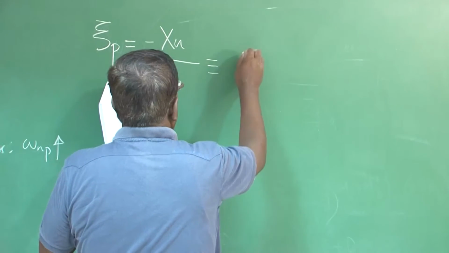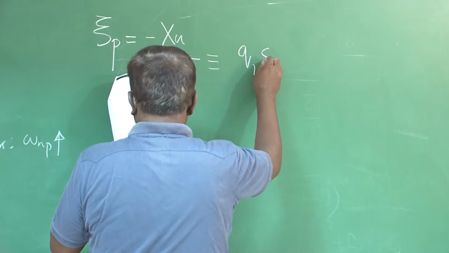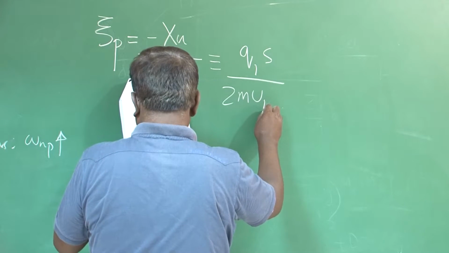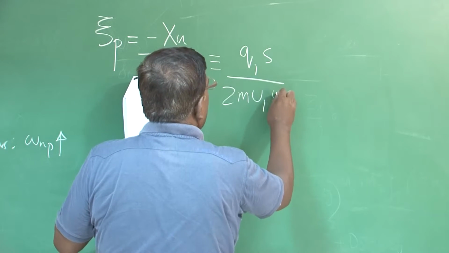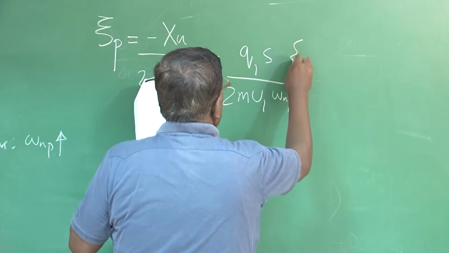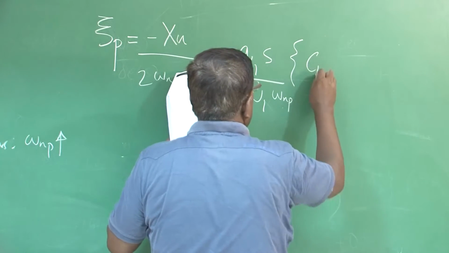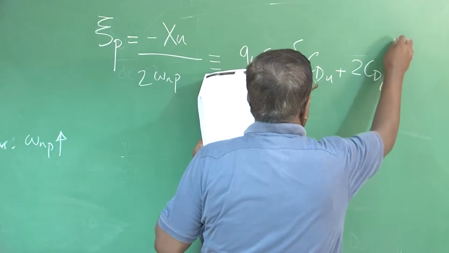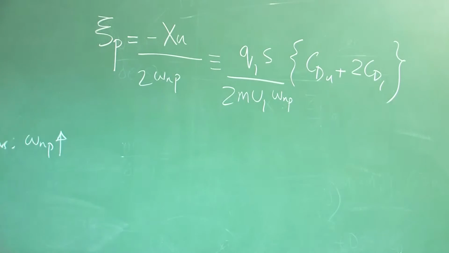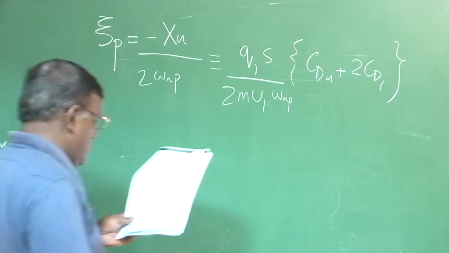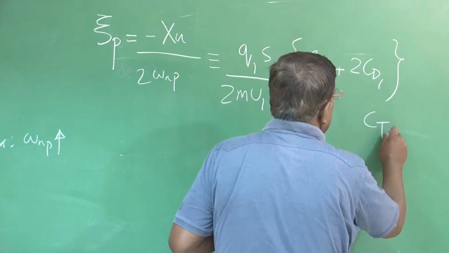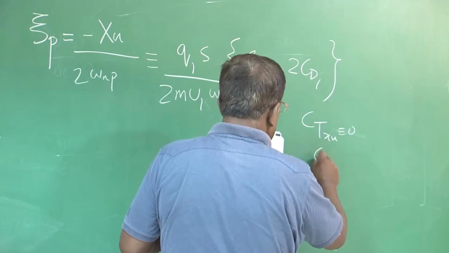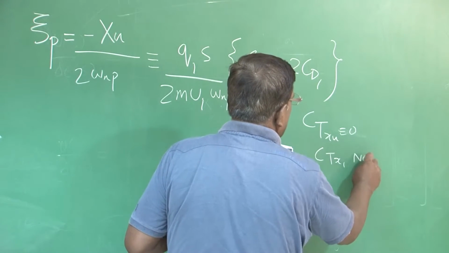So, I will get Q1s by 2m u1 to omega np, and here I put CDU plus 2 CD1. Right. I am not taking the thrust effect. Please understand, I am taking CTXU identically equal to 0, and CTX1 is also not considered.